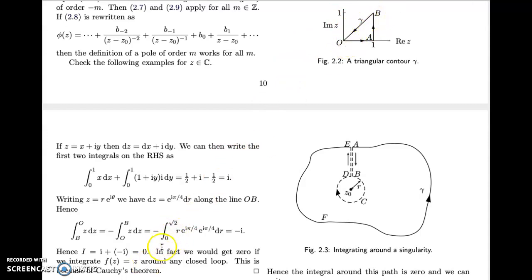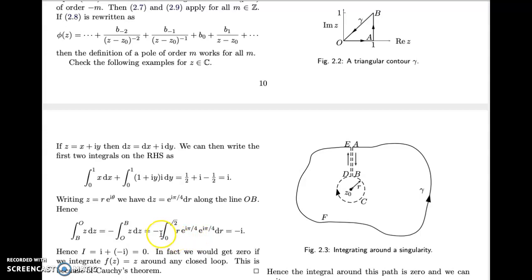That's why I've got 0 and root 2 here. The complex number itself, z, is just r times e to the i pi by 4, and then we've got dz, which is e to the i pi by 4 dr. These two things multiply together to give you e to the i pi by 2, which is equal to i.